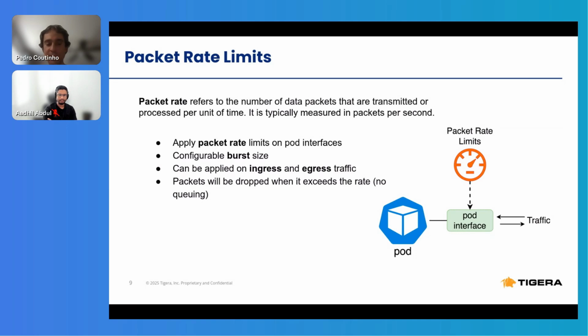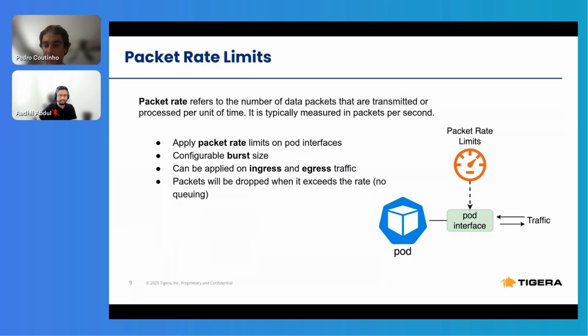The packet rate limit is defined in packets per second. You can use quantifiers like kilo packets per second for 1,000 and mega, because there's a limitation on the maximum number that you can use. So yeah, you can use 1K for 1,000, for example. Also applied on ingress and egress.